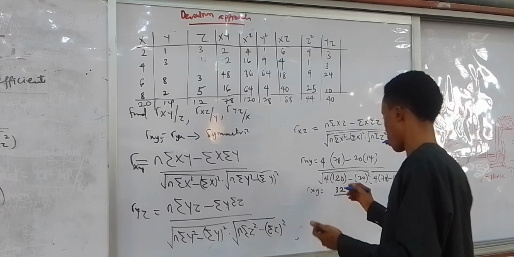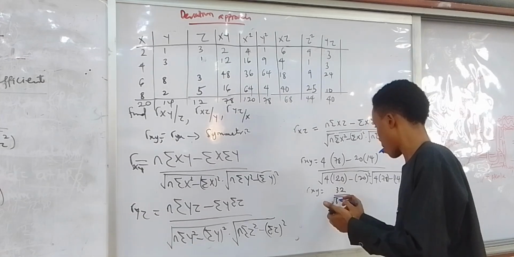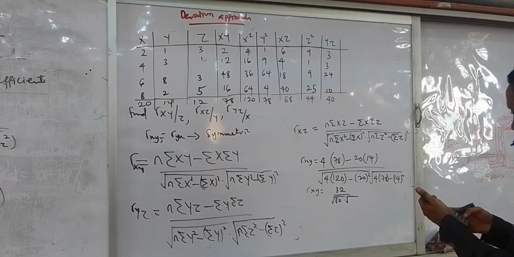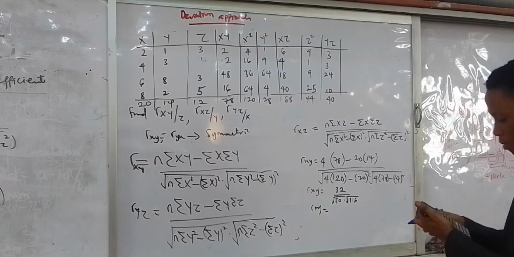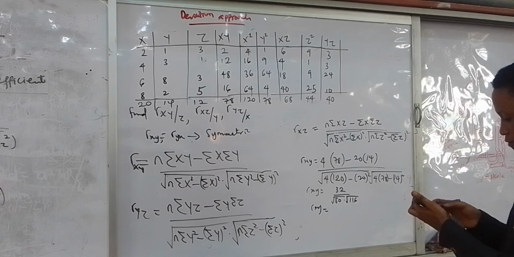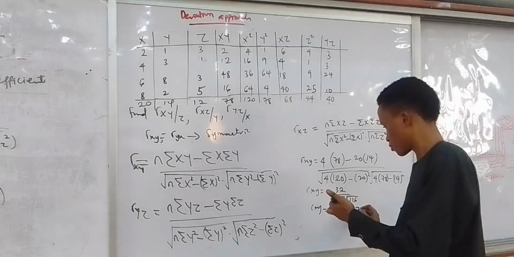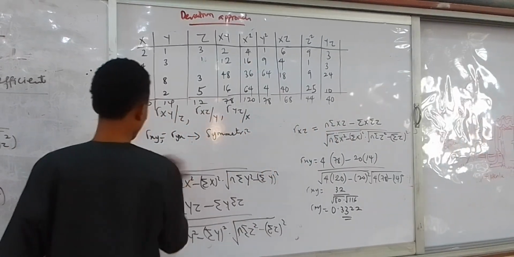I'm having here 32 over 4 will be 120 minus 20 raised to power 2, that's square root of 80, multiplied by square root of 4 in bracket 78 minus 14 raised to power 2, 116. rxy will be equal to 32 divided by 80 times 116. So we have 0.3322 for rxy.